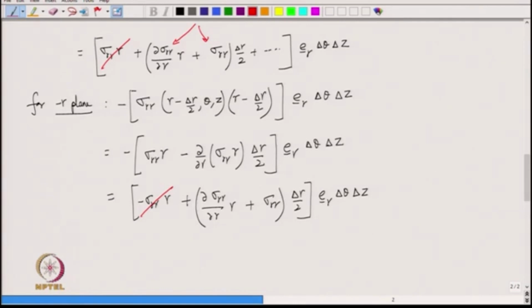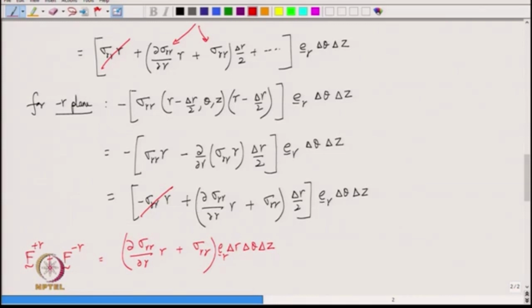So, when you add them, what you get finally, that the force on plus r plus the force on negative r, that is equal to del sigma r r over del r into r plus sigma r r multiplied by delta r into delta theta into delta z, and of course, you also have an E r here, right.